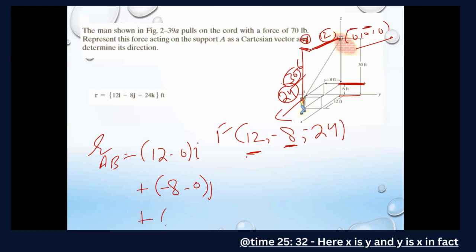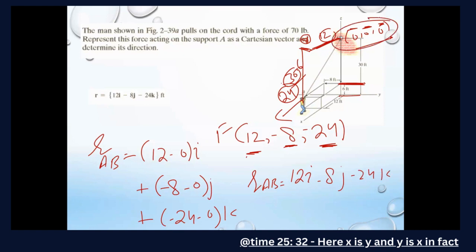Then minus 24 minus 0, this is k. This is the final z, this is the initial z. So the position vector would be equal to 12i minus 8j minus 24k.